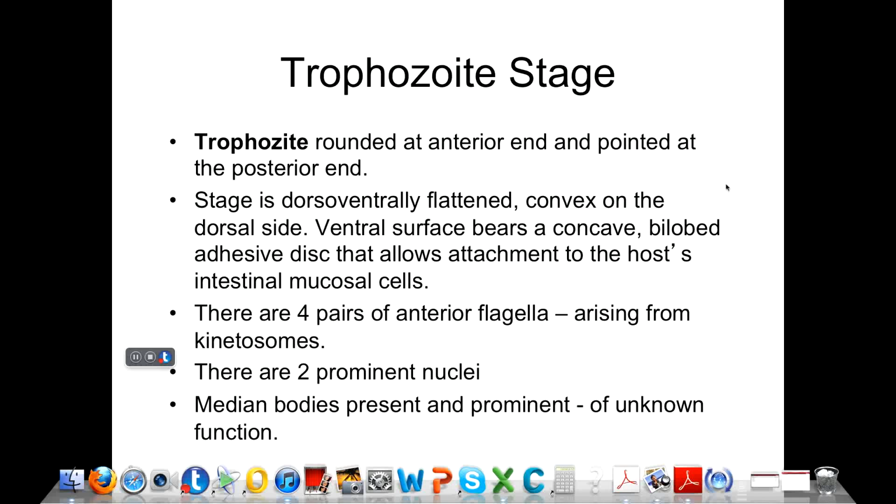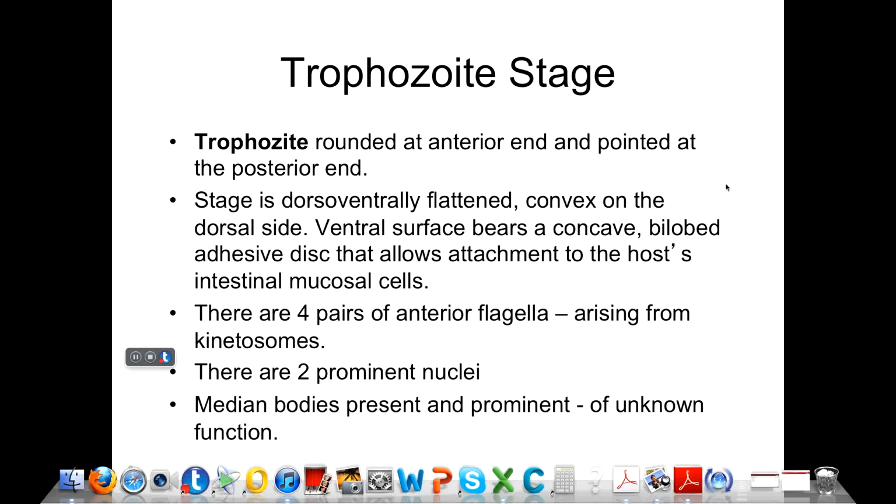So in general, the trophozoite is rounded at its anterior end and pointed at its posterior end. It is somewhat dorso-ventrally flattened, being convex on the dorsal side, and on the ventral side you have that rather concave adhesive disc that allows for attachment to mucosal epithelial cells.